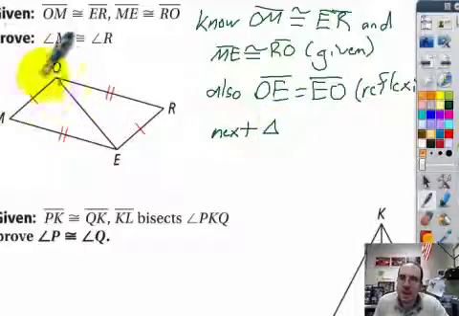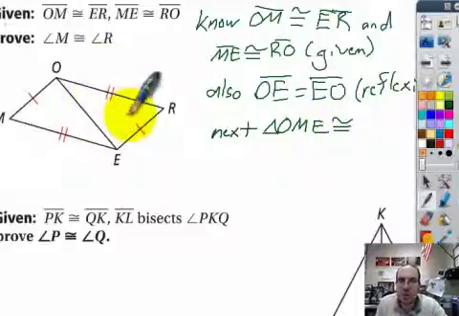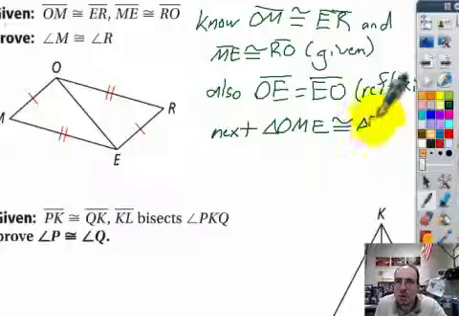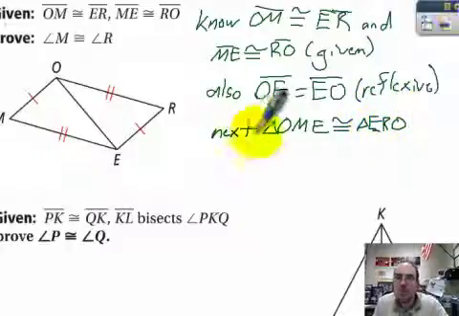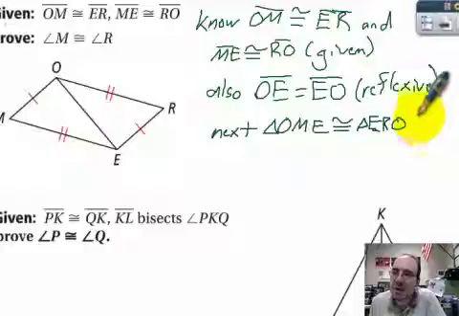triangle OME is congruent to triangle ERO. And that is by side, side, side.